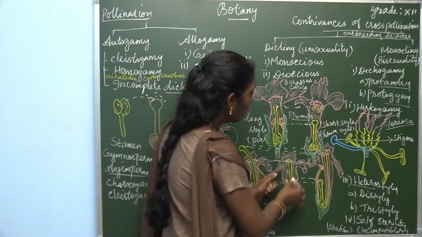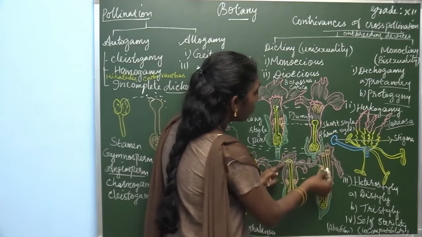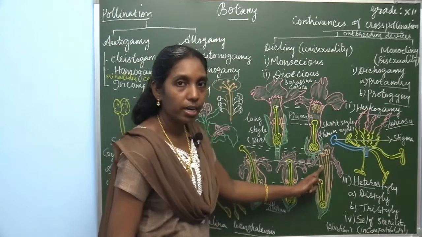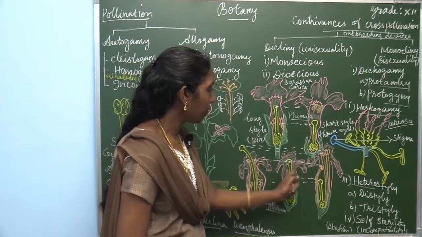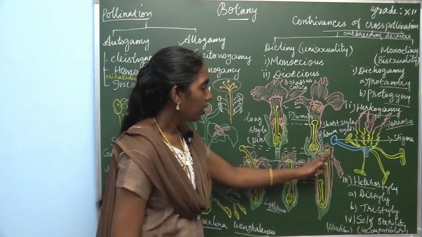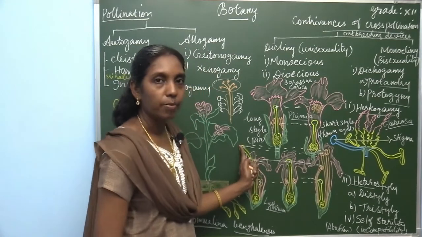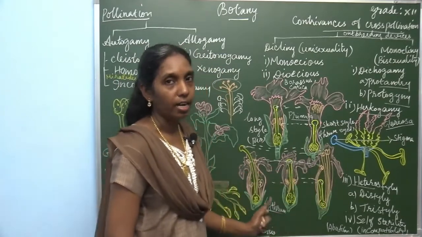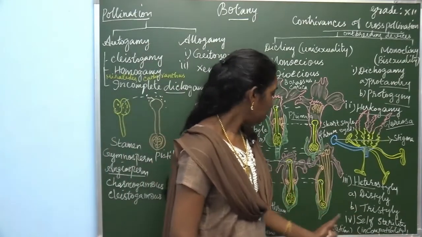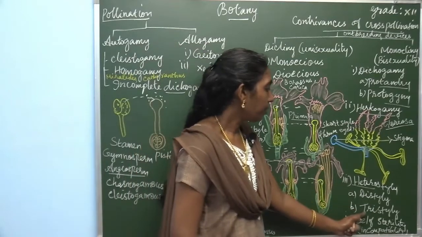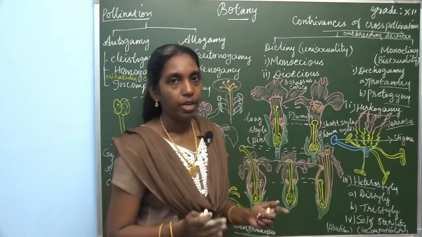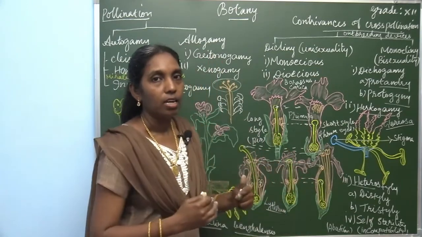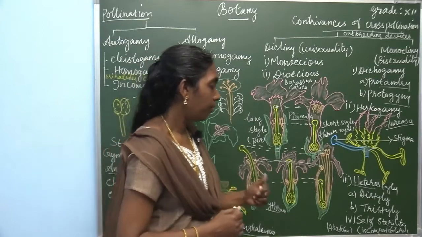Likewise, from this anther the pollen grain is dusted on this stigmatic surface, and the pollen grain from the other anther is dusted on the stigmatic surface of this one. The flowers are arranged in such a way. Example, lythrum, the type of styly is tristyly. Depending upon the length of stamen and length of style, there are different types of flowers.